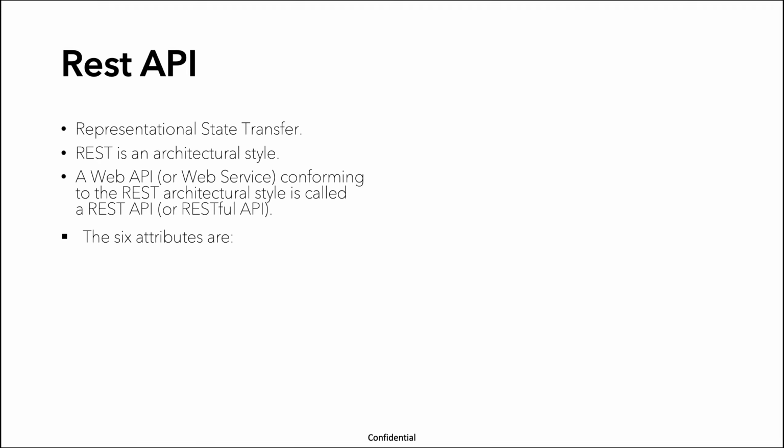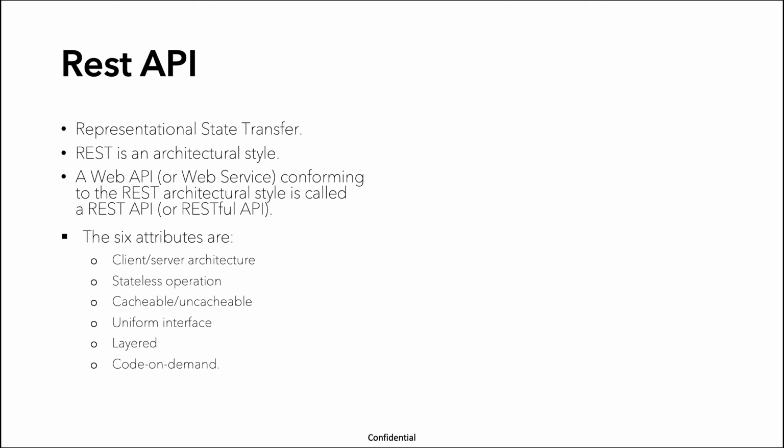Those 6 attributes are client-server architecture, stateless operation, clear statement of cacheable or uncacheable, uniform interface, layered, or code on demand. Actually, the first 3 of the 6 give you the idea of how REST works. So we'll focus only on that right now.